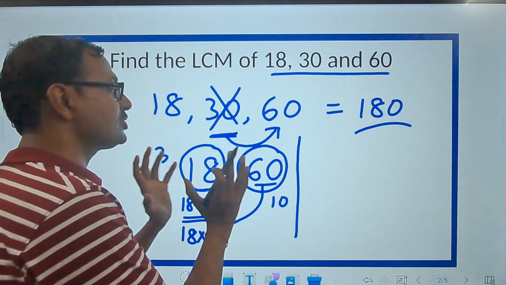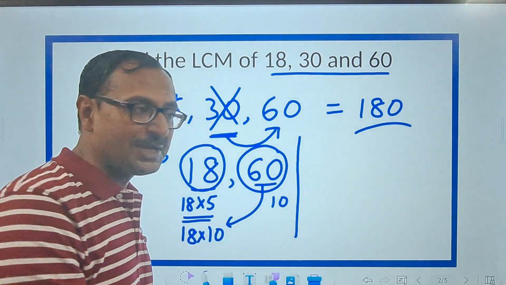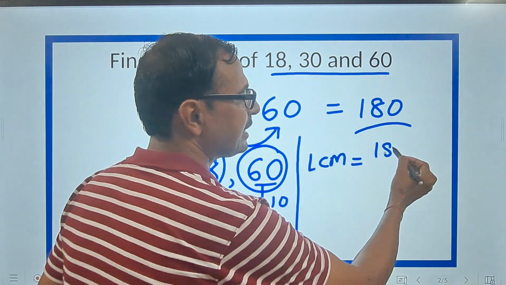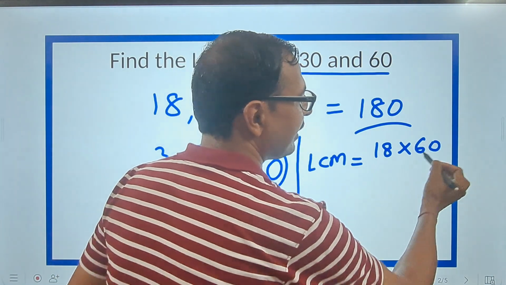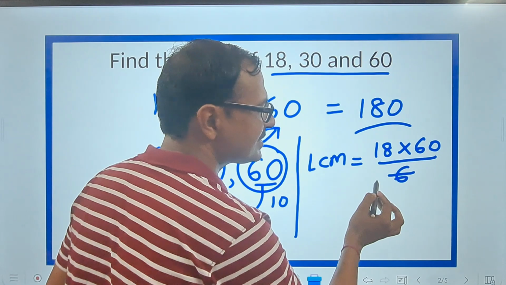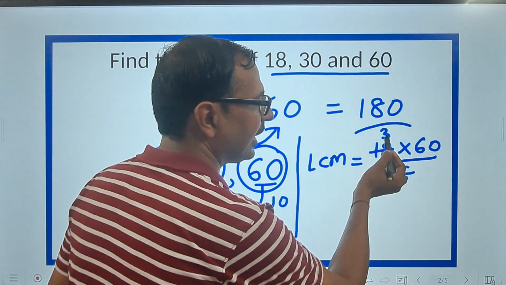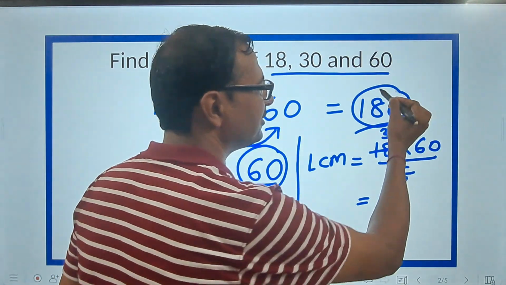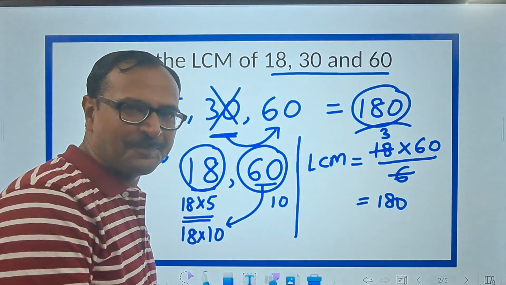So 6 is the highest common factor of 18 and 60. So if you want to find the LCM of 18 and 60, just multiply 18 and 60 and divide it by that common factor 6. Watch, 6 3s are 18 and 3 times 60 is the same answer which you got here, 180.